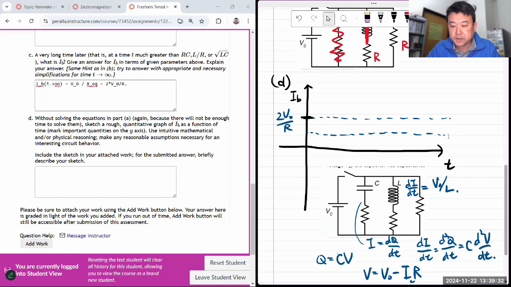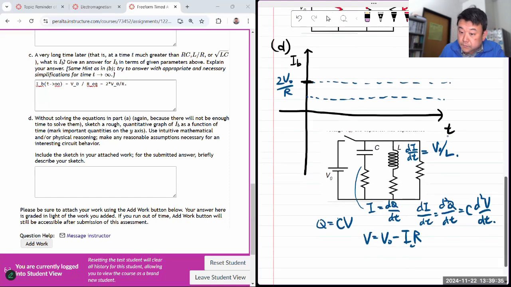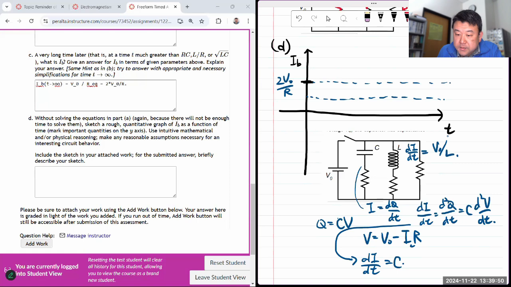So working it out, di/dt is C times the double derivative of that. It's going to be C times, this is constant, minus R times the double derivative over t. Unclear. But I think this is what I have.